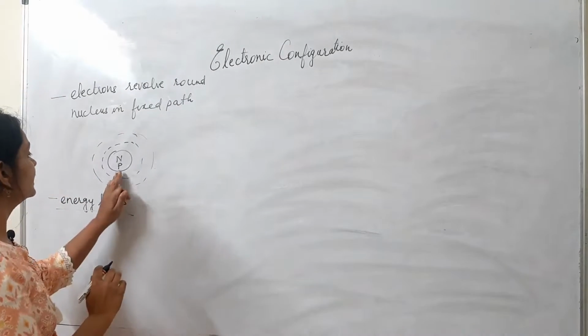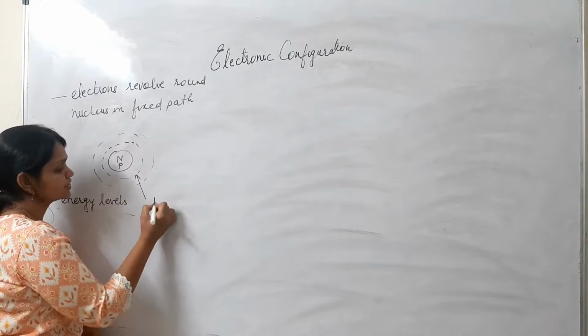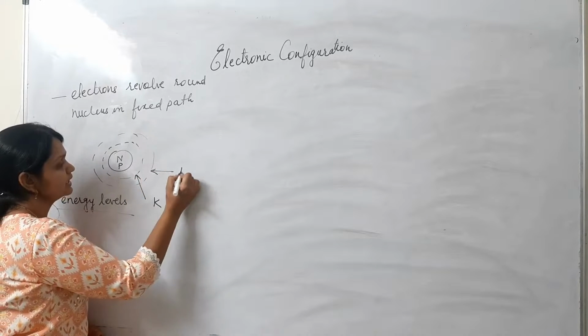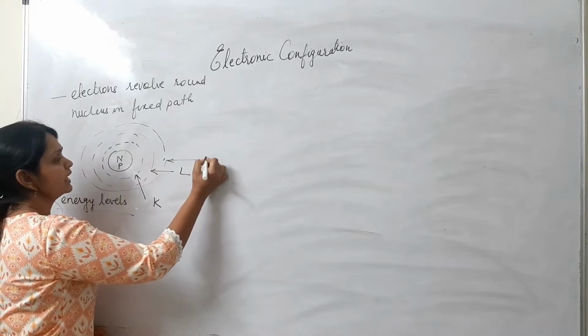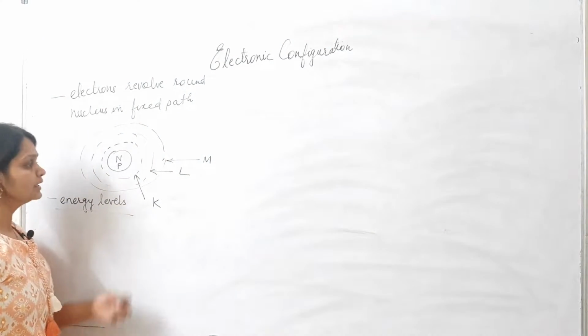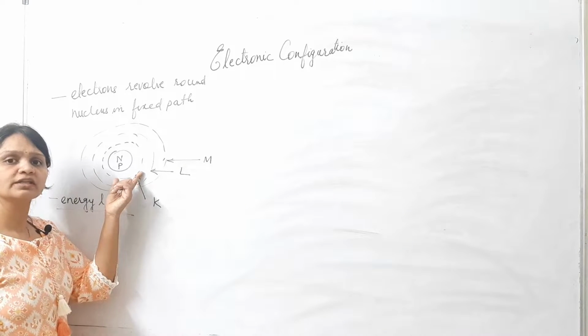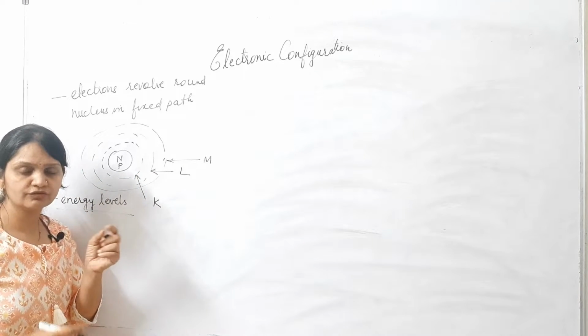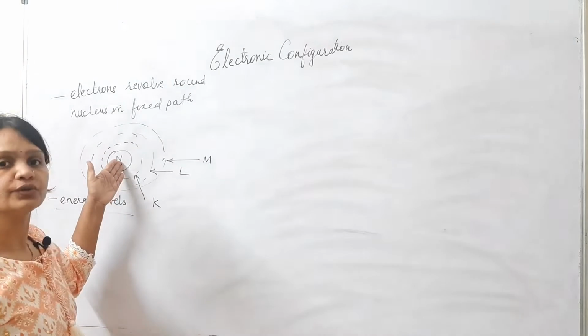Now, the energy levels are the K shell, L shell, M shell and so on. The innermost shell is the one counted from the nucleus.